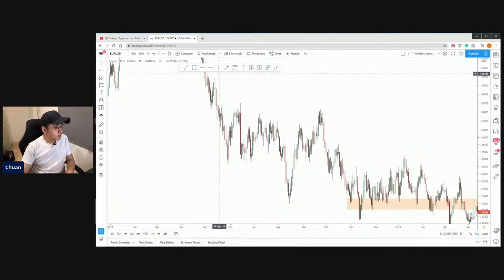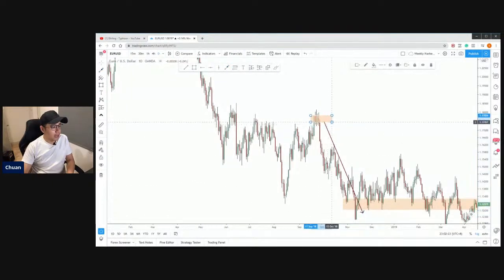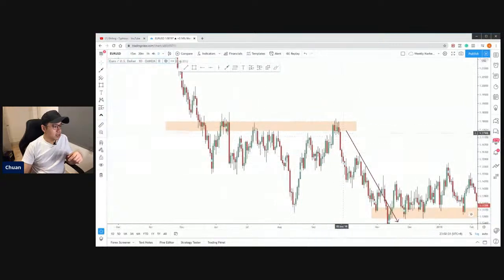For example, we see that on this level, the market starts to drop significantly. If we highlight this zone and pull to the left, we can see that this zone, because this is a daily chart, was actually being retested multiple times.